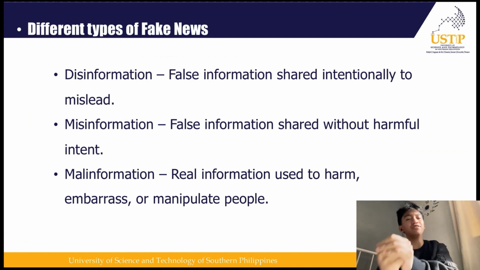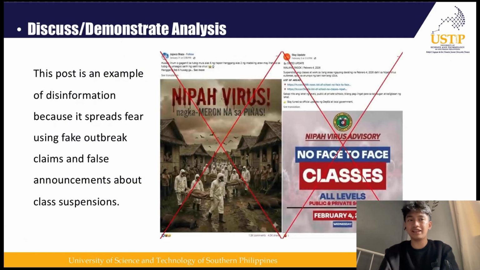The intent of this post is pure, deliberate deception. The creator knew the outbreak claim was fabricated. They used a health scare as bait because health scares spread fast, especially after COVID taught us to take disease warnings seriously. Next is motivation.